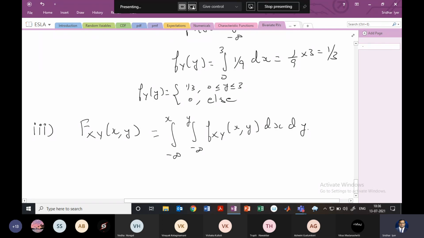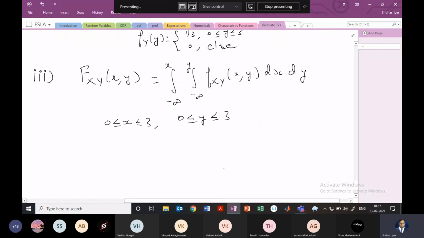Right? Now, you can see what is the range given for x and y, right? So we have 0 less than x less than 3, and we have 0 less than y less than 3. Right? These are the ranges given for x and y.